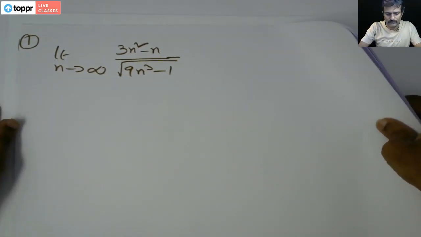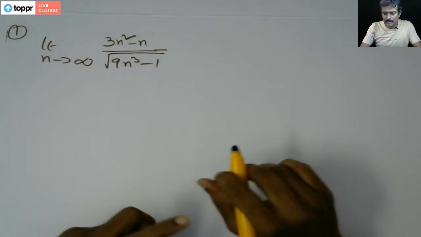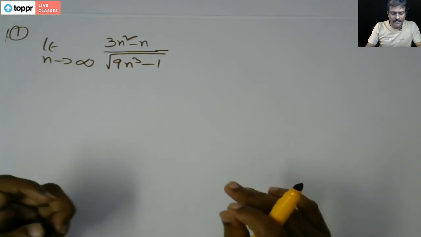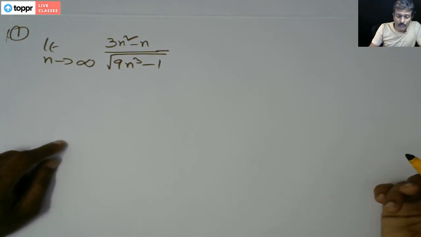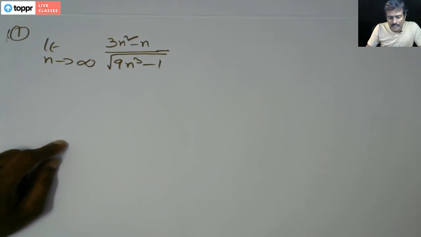Now let us quickly solve some problems based on the rules which we have discussed. So the first question is, limit n tends to infinity of 3n square minus n by the square root of 9n cube minus 1, where n tends to infinity. We already know what happens when n tends to infinity, right?